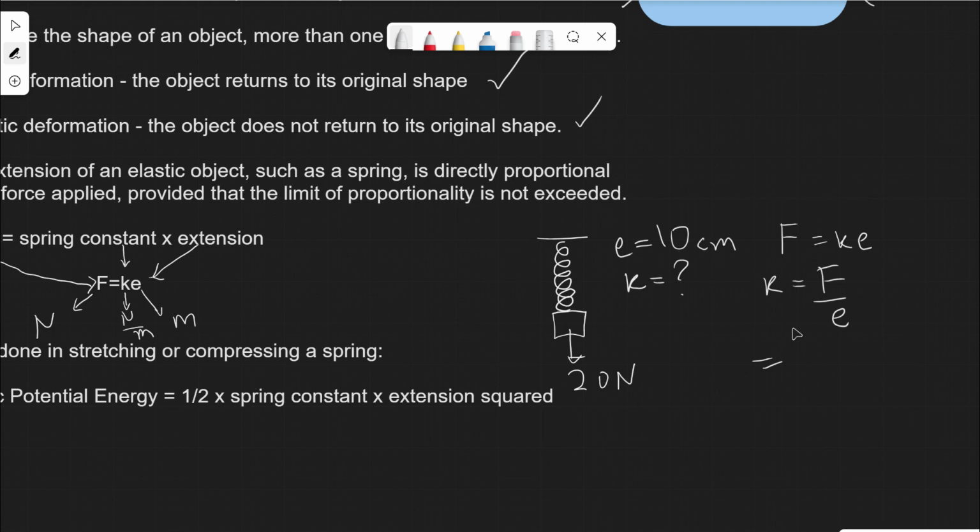Now our force is equal to 20 newtons, our extension is equal to 10 centimeters. Let's convert that to meters, so this will be equal to 0.1 meters, and dividing those two quantities, we're going to figure out that K is equal to 200 newtons per meter.